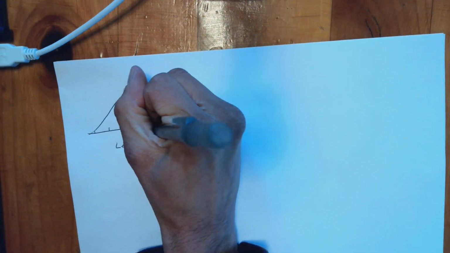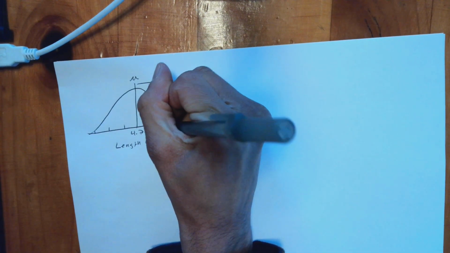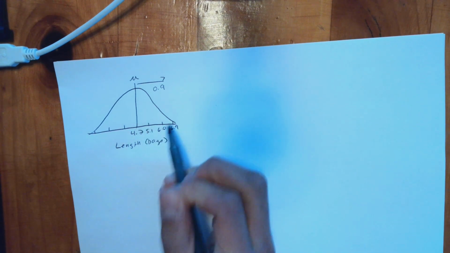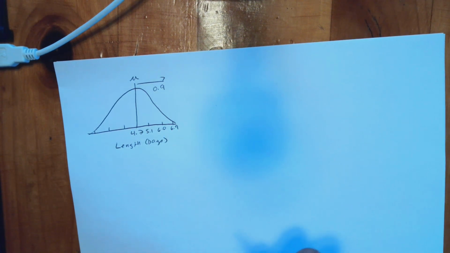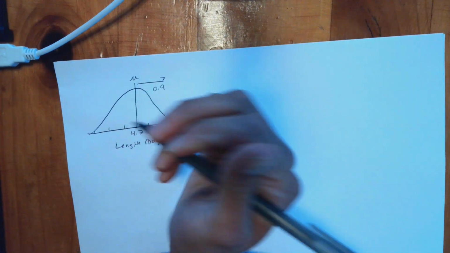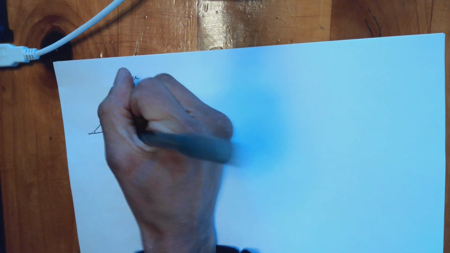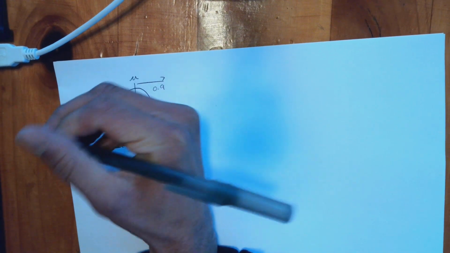If we do that, we get 5.1, 6.0, and 6.9. So plus 0.9, plus 0.9, plus 0.9. Going in the other direction, so subtracting, we'll subtract 0.9 from 4.2 to get 3.3, 2.4, and 1.5.